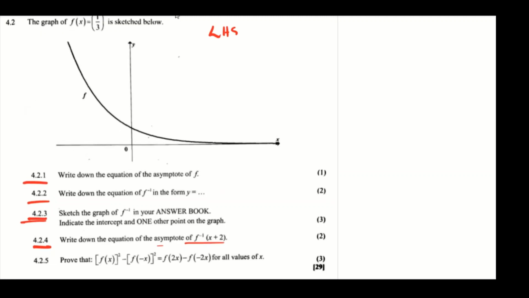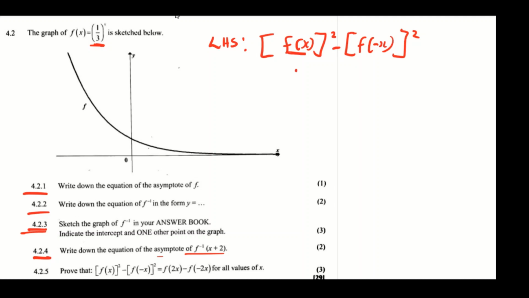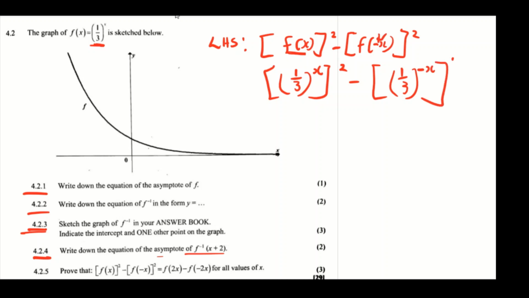Left hand side, we are having f of x all squared minus f of minus x all squared. Let's write it down. In terms of x, f of x is 1 over 3 to the power of x, right? So it's 1 over 3 all to the power of x, all squared, minus 1 over 3 all to the power of minus x. Remember, this is negative squared, right?